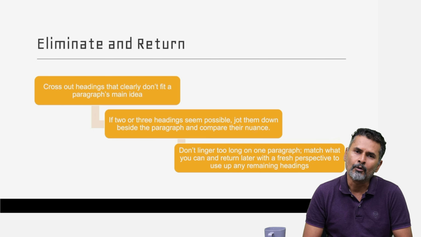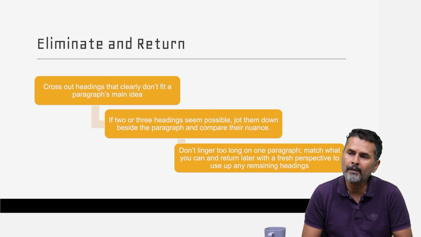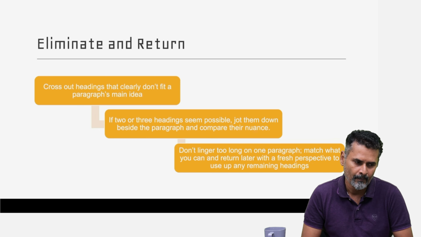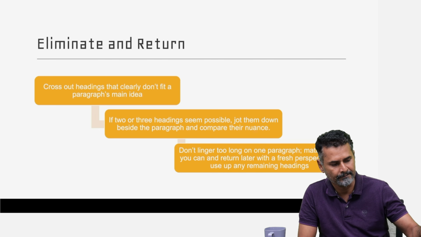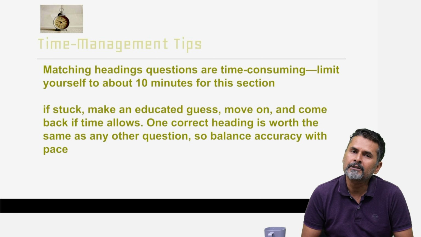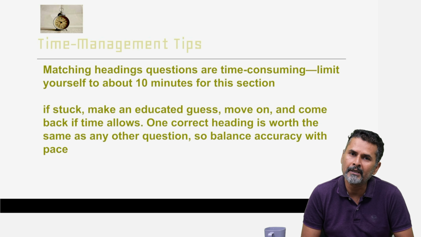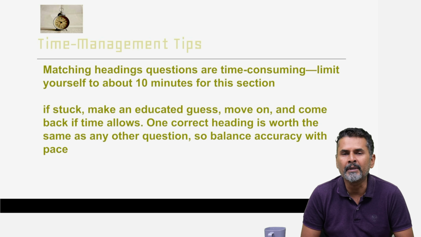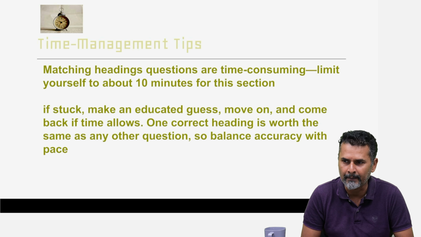And don't linger too long on these questions that you find hard to answer. Move on. There's a reason for that. The reason why you shouldn't linger is because matching the headings is time consuming. So don't spend more than 10 minutes on this question type.